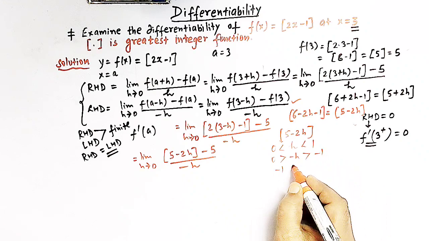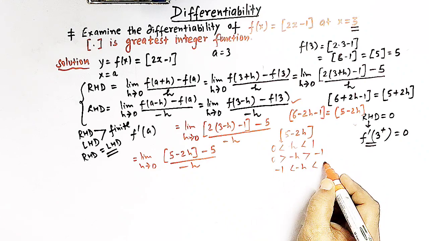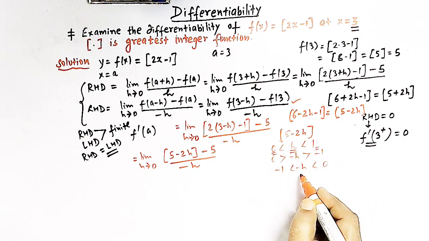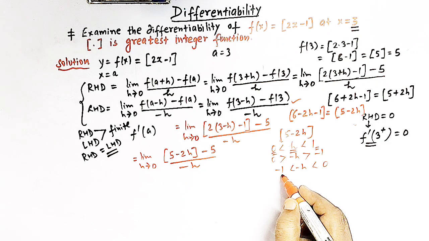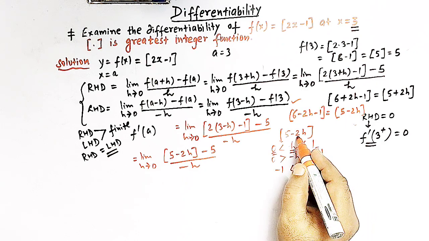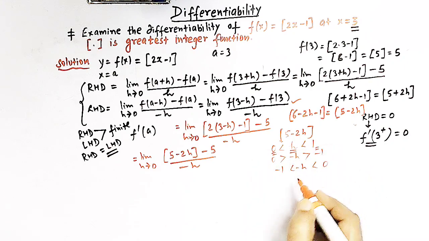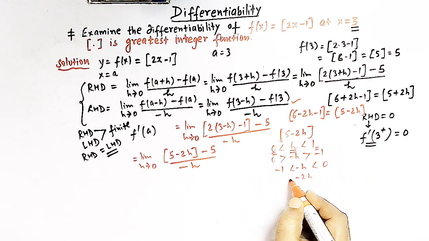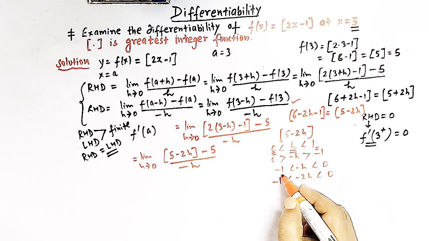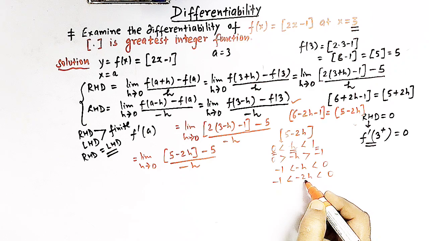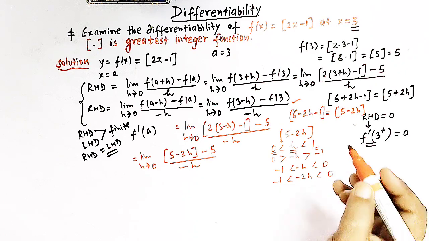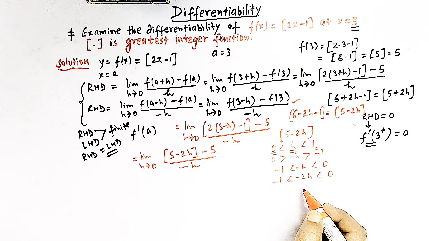So we have minus 1, then we have minus h, and here we have 0. So when h lies between 0 and 1, then minus h lies between minus 1 and 0. Right? So now if we take minus 2h, then minus 2h also lies between minus 1 and 0, and remember h is infinitesimally very small.